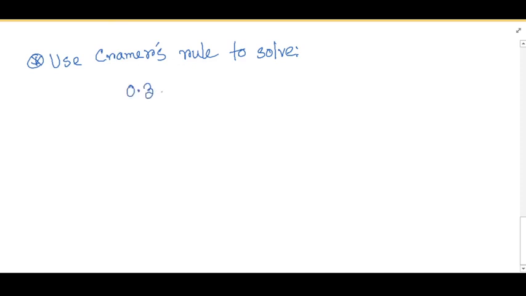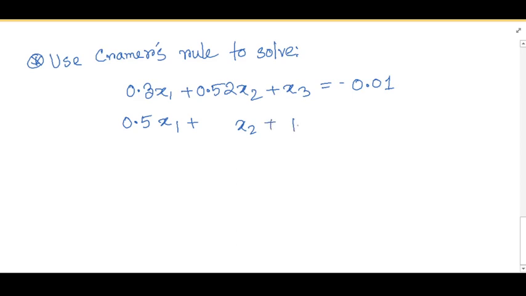The question says 0.3x1 plus 0.52x2 plus x3 equals minus 0.01. This is the first equation. The second equation I'm writing here: 0.5x1 plus x2 plus 1.9x3 equals 0.67.